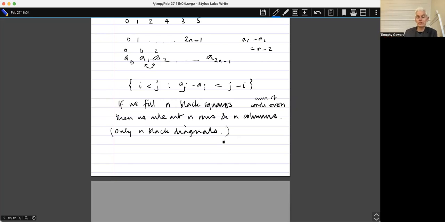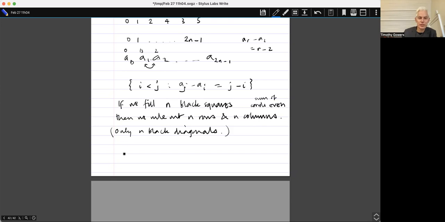So in fact we know that we've got to fill in n black squares and n white squares, and we're very much using the fact that 2n is even, because otherwise the notion of black squares and white squares mod the number that we have would not make sense.